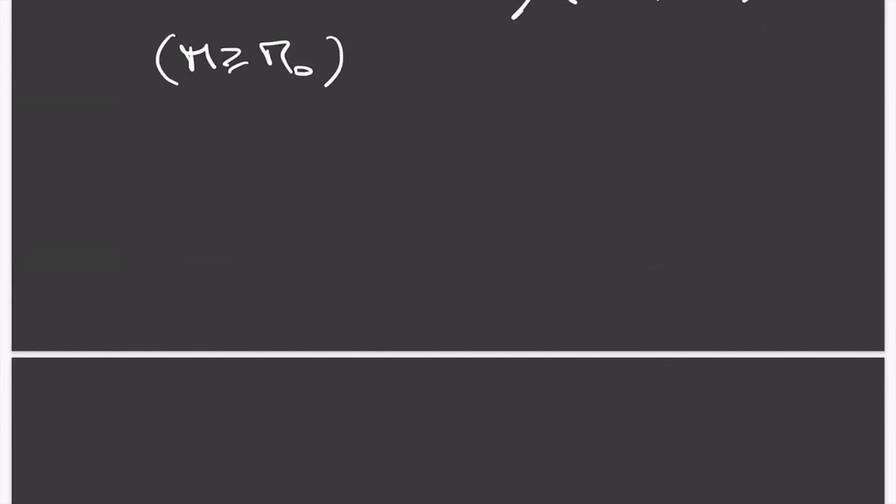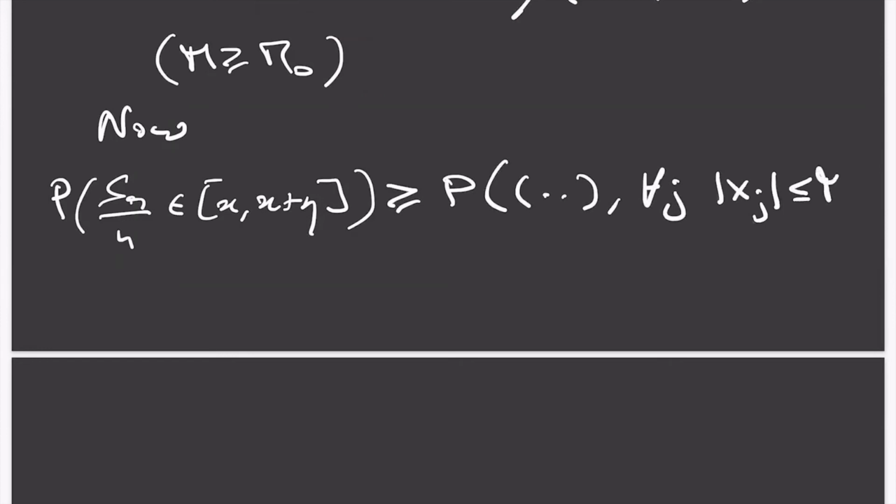Now, we merely say that the probability that Sn over n belongs to x plus eta is larger than the probability of the same event, but assuming also that for all j, the variables xj are less than m.